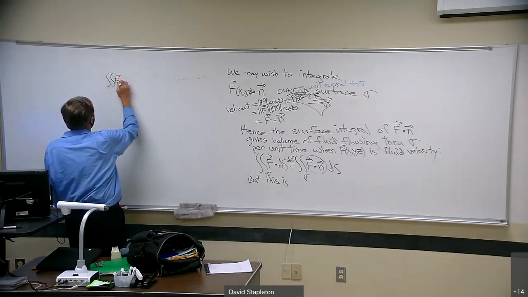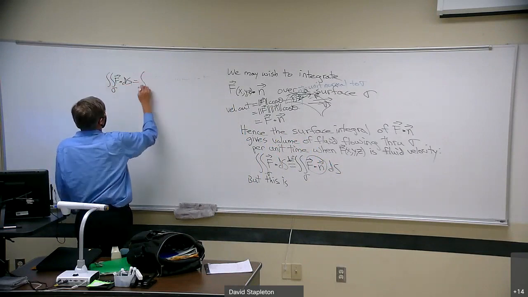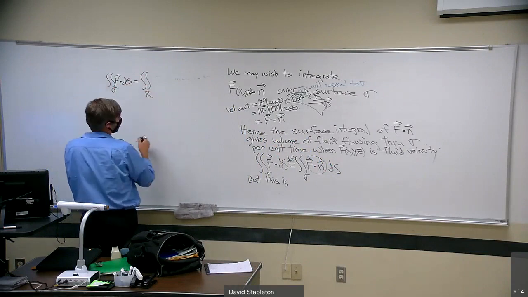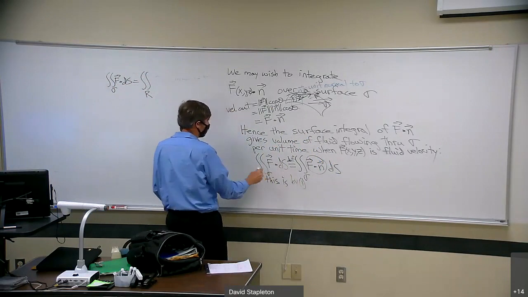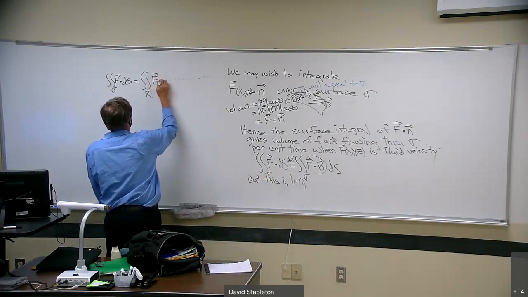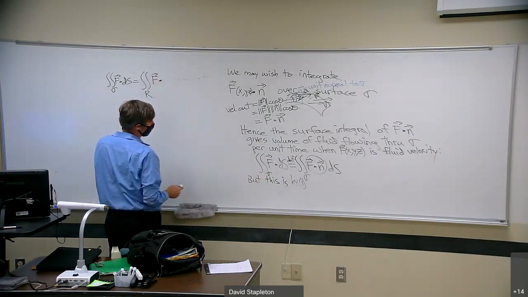On the right, we can rewrite the integral of F dot dS as the double integral over R by the evaluation formula 1. To actually evaluate this, it is F dot n, and for the unit normal, I can compute it this way.